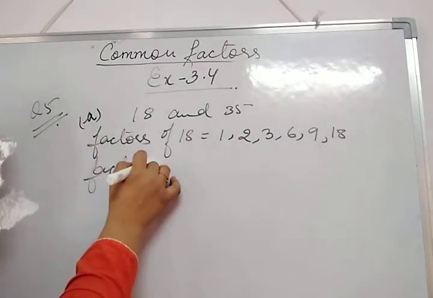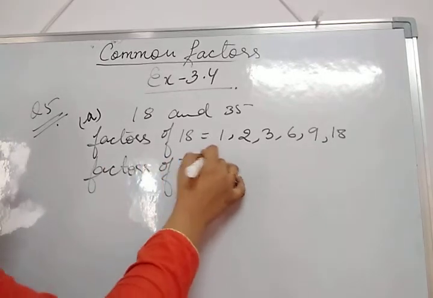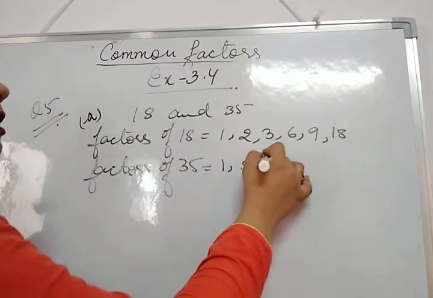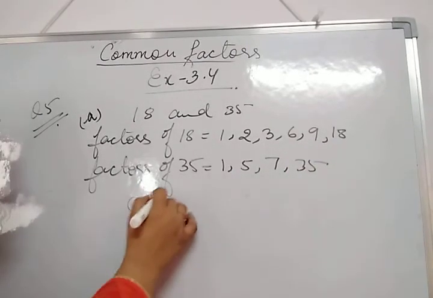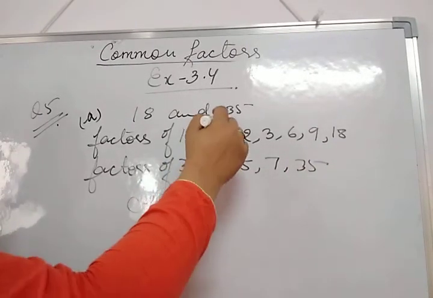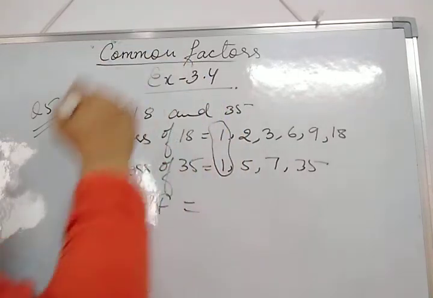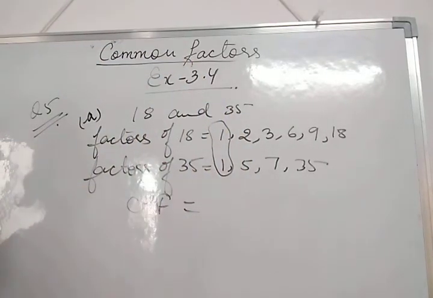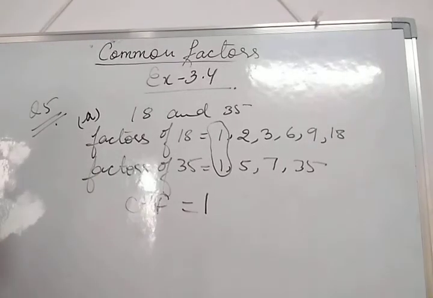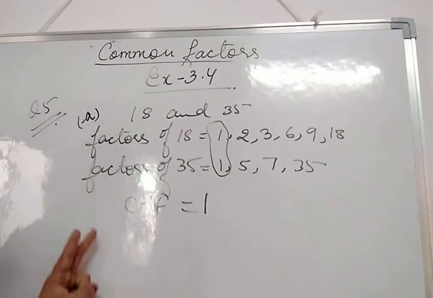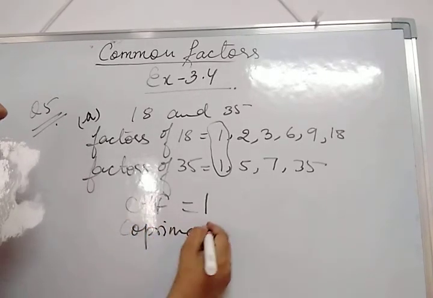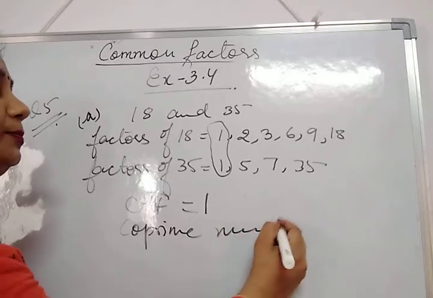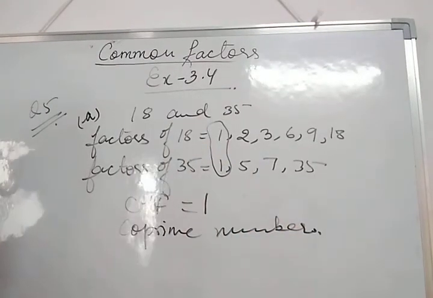Now we will find out the factors of 35: 1, 5, 7 and 35. Now we will find out the common factor between them. 1 is the common factor between them. If two numbers have only the common factor 1, then they are a pair of co-prime numbers. These are the co-prime numbers. Okay.